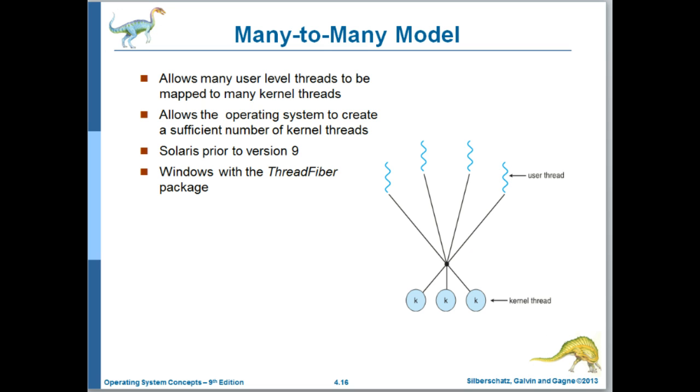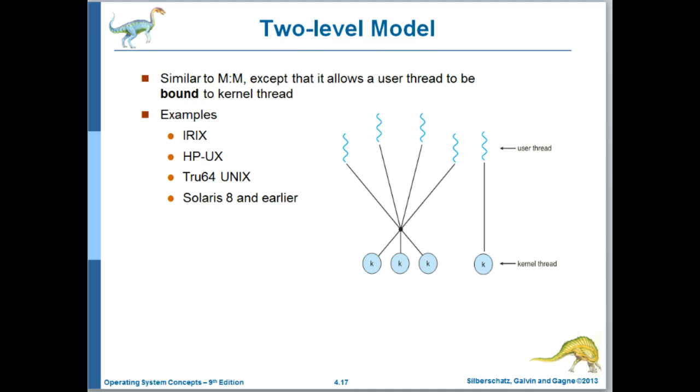If a user thread blocks, a kernel thread will block along with it, while the remaining user threads will multiplex on the remaining unblocked kernel threads. The two-level model is a hybrid model in which a user thread can be bound exclusively to a kernel thread. Well, that finishes these first three sections on threads.